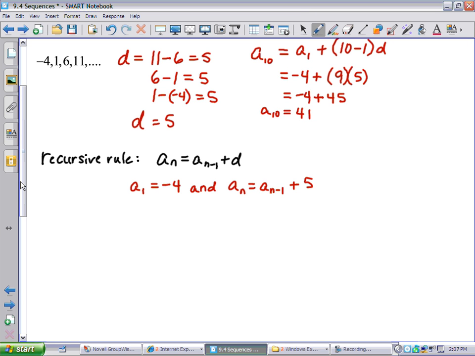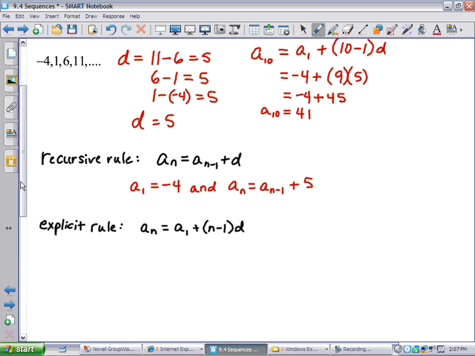Now the explicit rule. I said an explicit rule is a rule you could use no matter what number you have for n, or no matter what term you're finding. If you start with the additional rule that I gave you, that's not on your note sheet, and hopefully you wrote it down, that's a sub n equals a sub 1 plus n minus 1 times your common difference.